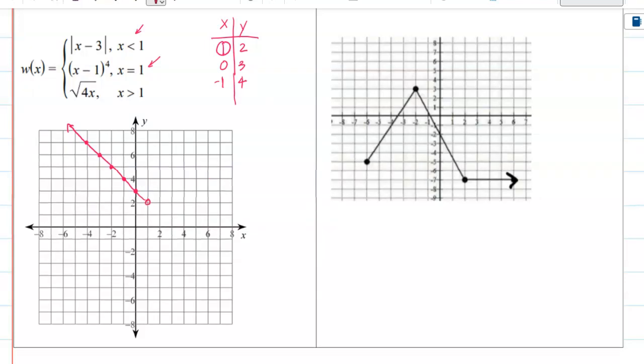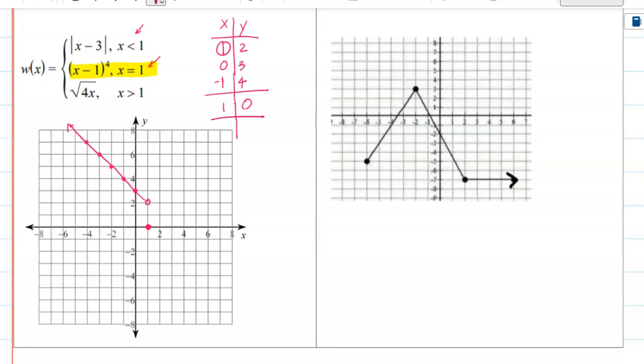Okay, now let's go ahead and see what happens at 1 for this particular function right here. Because you only use that for the input of 1. So 1 and 1, that's 0. So 1, 0, I'm going to put a closed circle there.